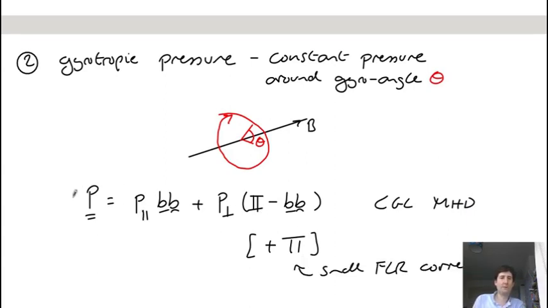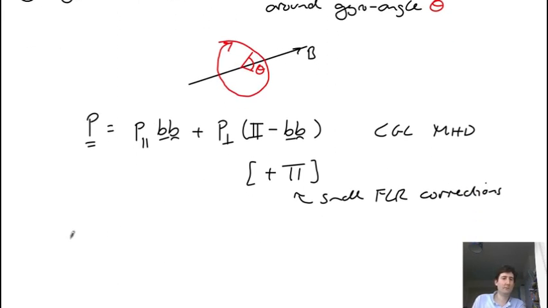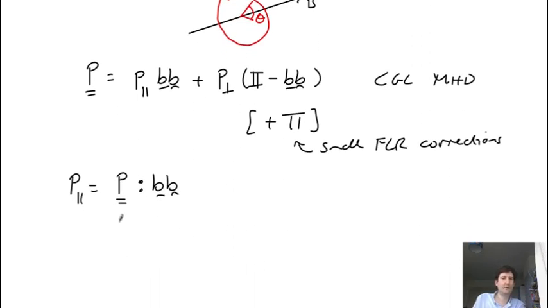Therefore, if we know what P is, or have an equation for P, we can calculate P parallel by taking the pressure tensor double dot BB. BB here is a rank 2 tensor.